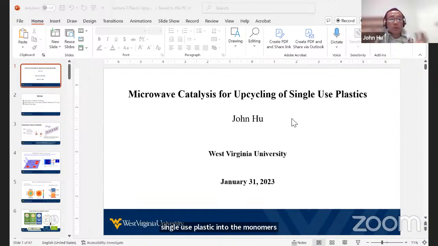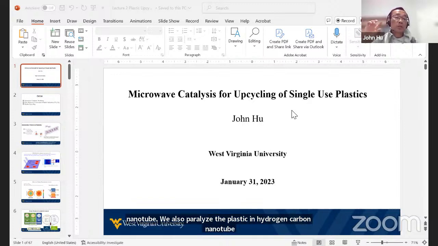I'm going to talk about those. It's related to hydrogen production, because you can turn plastic into hydrogen and carbon. It's the same as methane pyrolysis. You can pyrolyze methane into hydrogen and carbon nanotube. We also pyrolyze the plastic into hydrogen and carbon nanotube. In the meantime, we also turn the plastic into olefin and hydrogen.